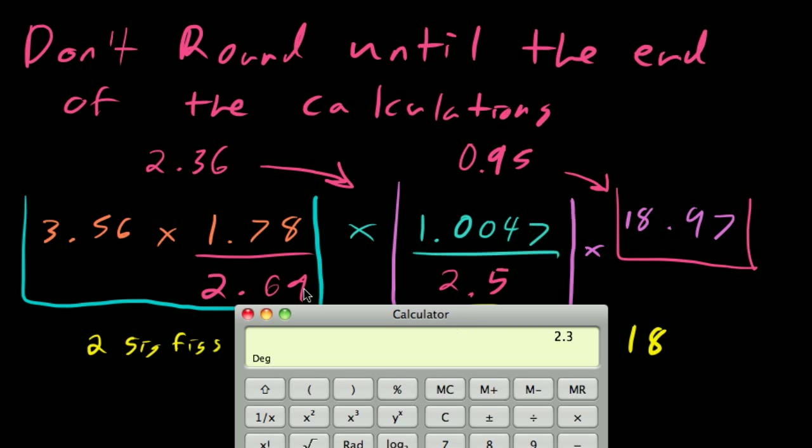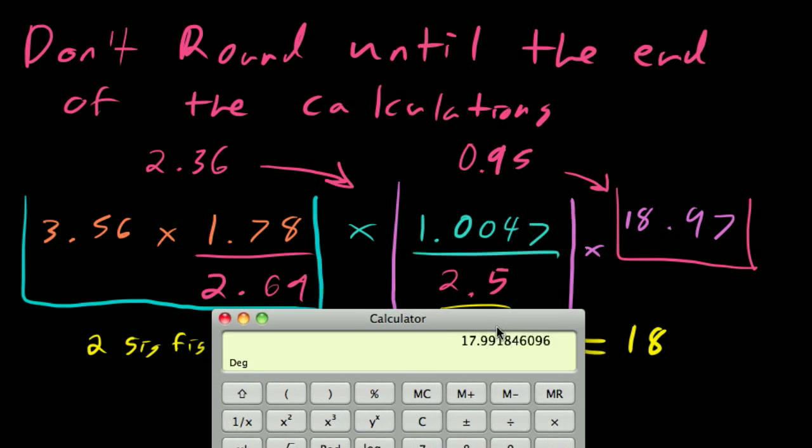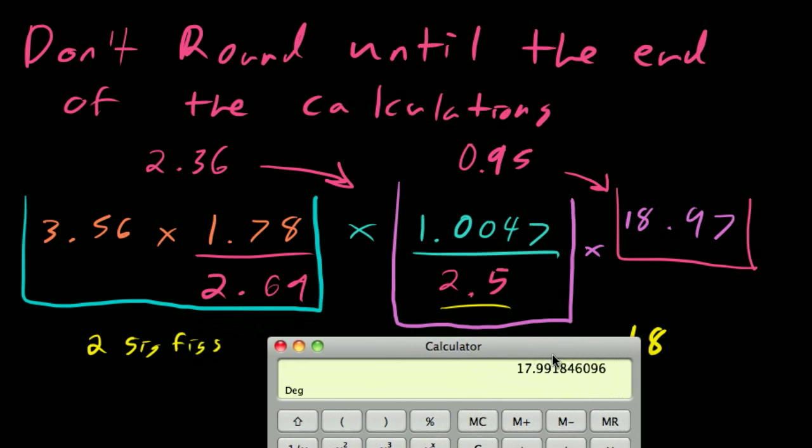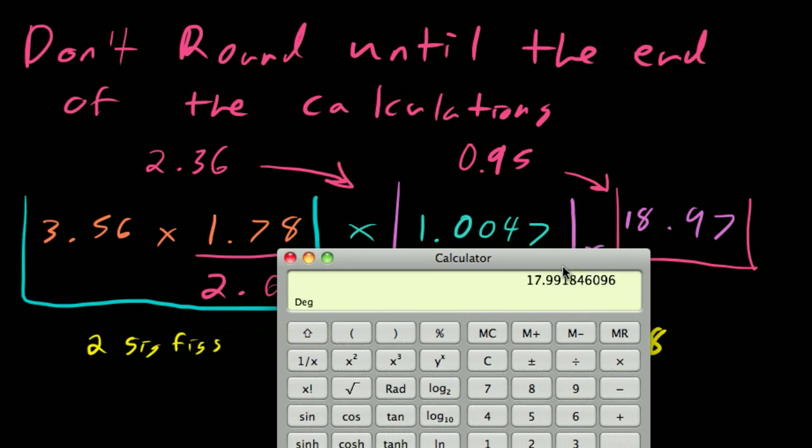So if I took 2.36 times 1.0047, divide by 2.5, and then multiplied by 18.97, it still is giving me the right answer. I guess I did something different to get this to give me a different answer.